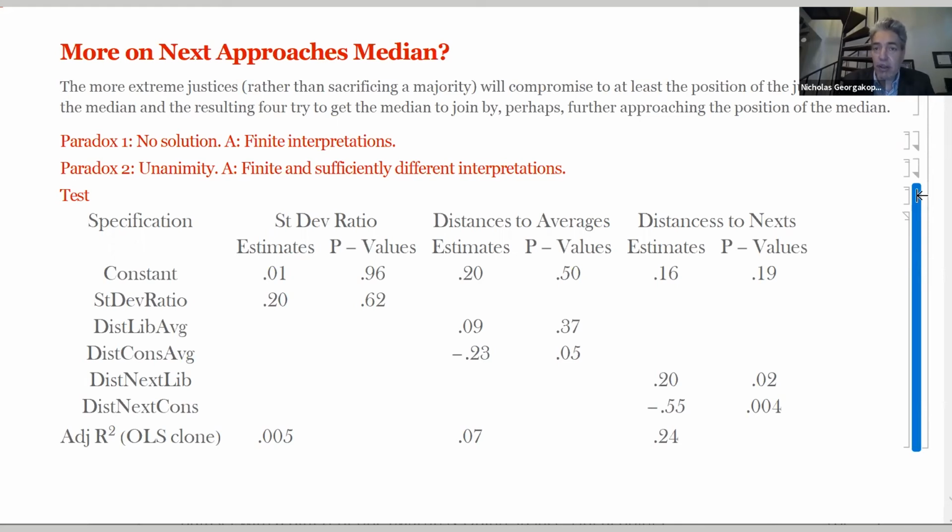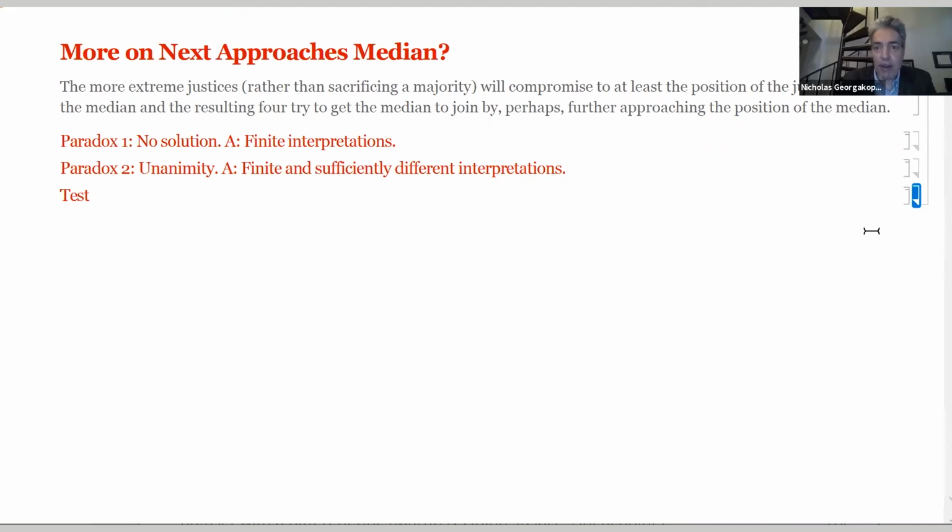So that makes a lot of sense, because this is the most strategic action, and these justices are just about the most strategically sophisticated lawyers we have out there.